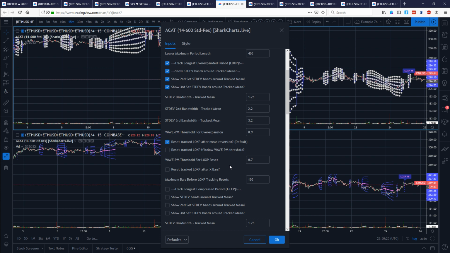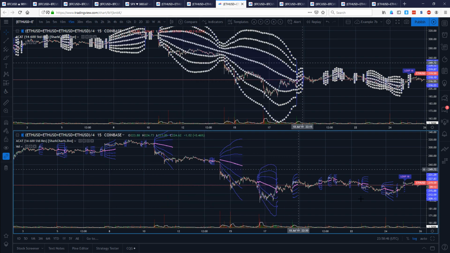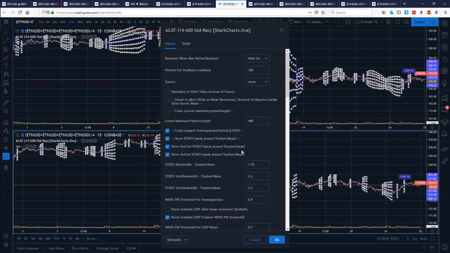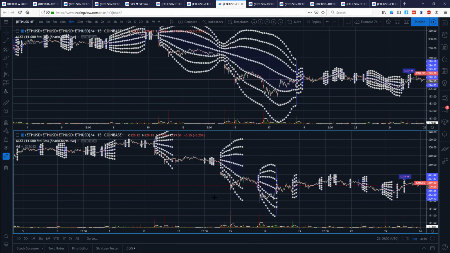There are drawbacks to using this versus mean reversion, which I'll get to in the next couple of panels. But let's see what happens if we look at this based on that criteria instead of an outright mean reversion. So I've set that up on this lower panel here, where now it resets if wave PM gets below the 0.7 threshold.